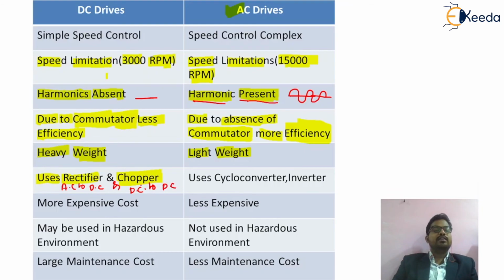The rectifiers use different power electronic devices. Depending upon requirement, if our supply is AC because our load is DC, we want to convert that AC into DC, so we use a rectifier circuit. And if your load is DC and your supply is DC, then we obviously use the chopper.